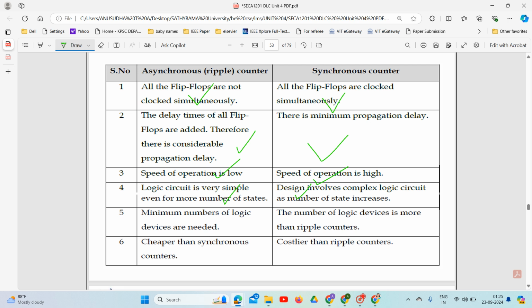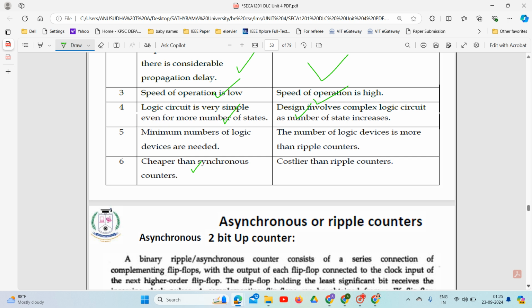Asynchronous counter is very cheaper than the synchronous counter. Synchronous counter is very costlier than the ripple counter. These are the differences between the asynchronous and synchronous counter. The main difference is that in the asynchronous counter, all the flip-flops are not clocked simultaneously. In the synchronous counter, all the flip-flops are clocked simultaneously.